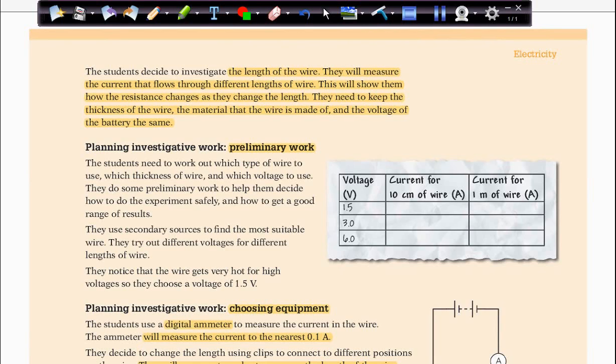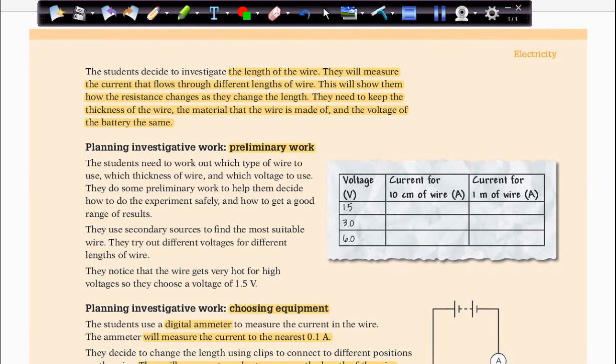This will show them how the resistance changes as they change the length. They need to keep the thickness of the wire, the material that the wire is made of, and the voltage of the battery the same. And we said earlier, these variables that we need to keep the same, we call control variables. Okay?